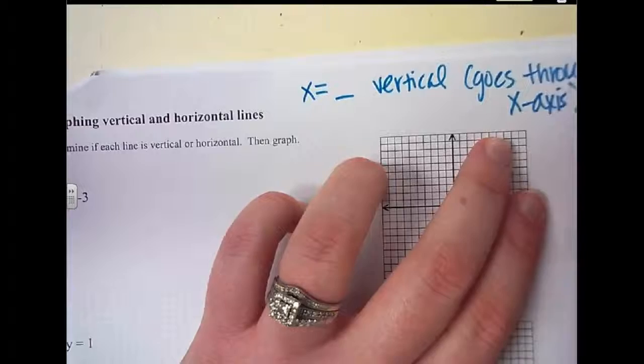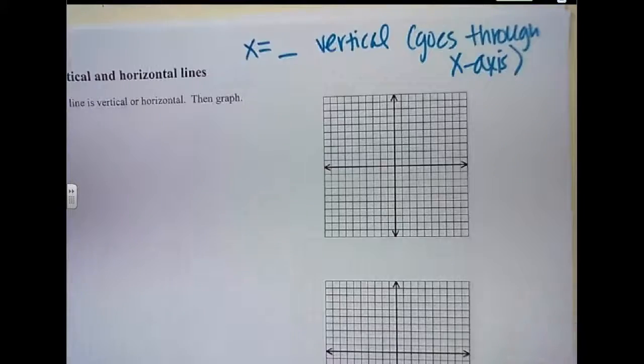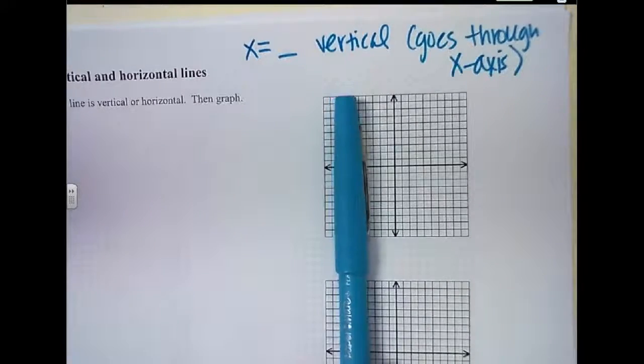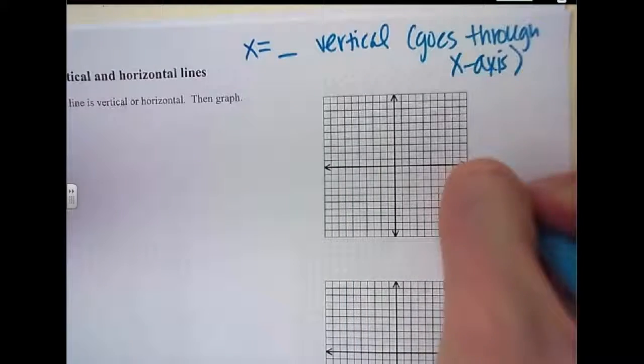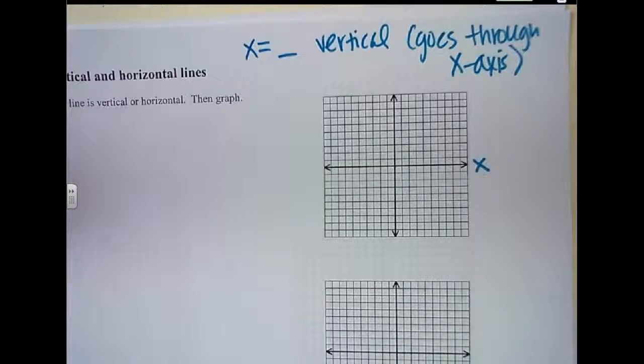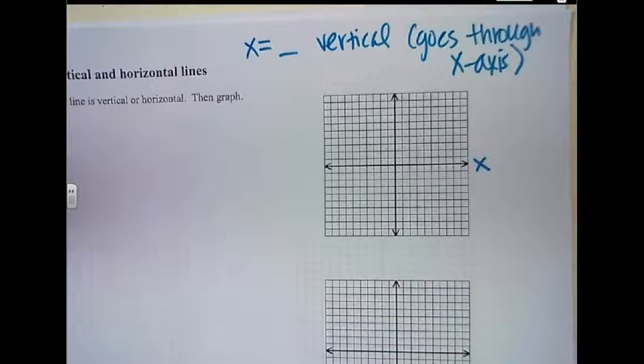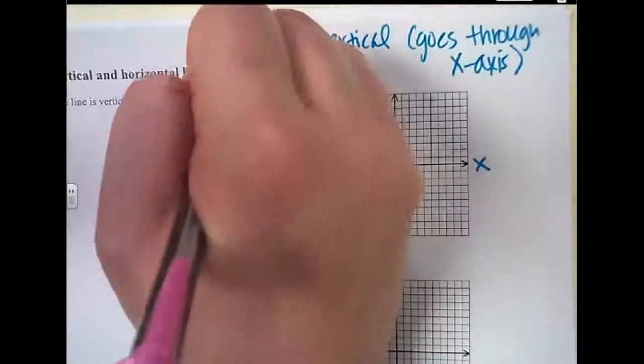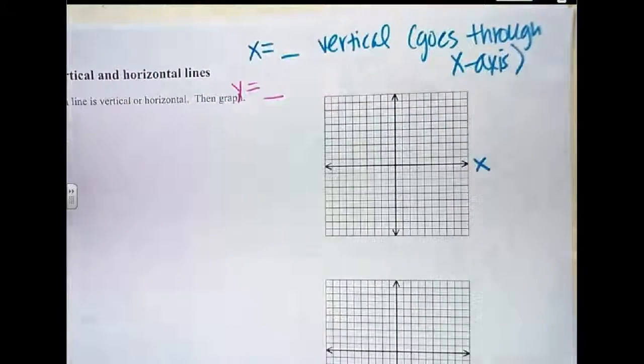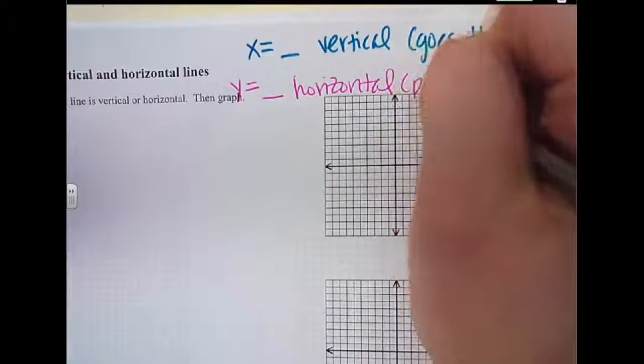So if it says x equals, it's going to pass through the x-axis, which means it's vertical. And then, of course, if it's y equals something, it's horizontal, and it passes through the y-axis.